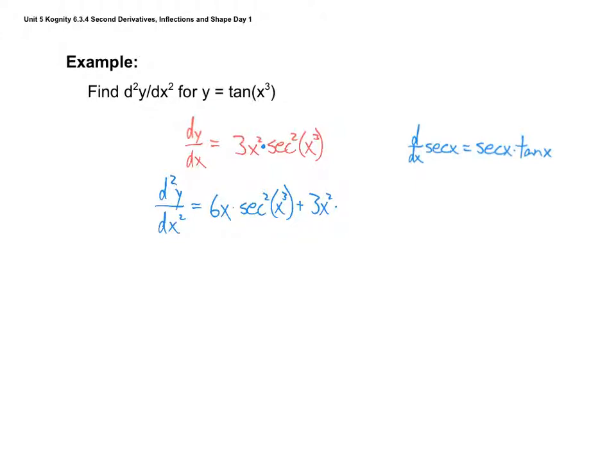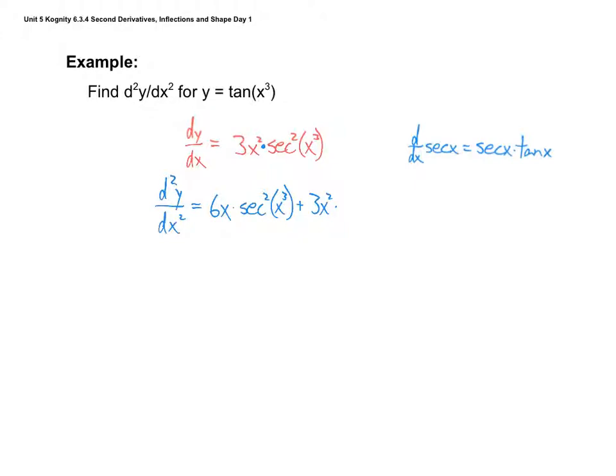So let's work from the outside in. The outermost function is the secant squared. Secant squared of x cubed is two different functions. Which is on the outside? The square. The x cubed is all the way on the inside. Because we've got to do the derivative of the second part, the u prime v plus u v prime, this is the v prime part.